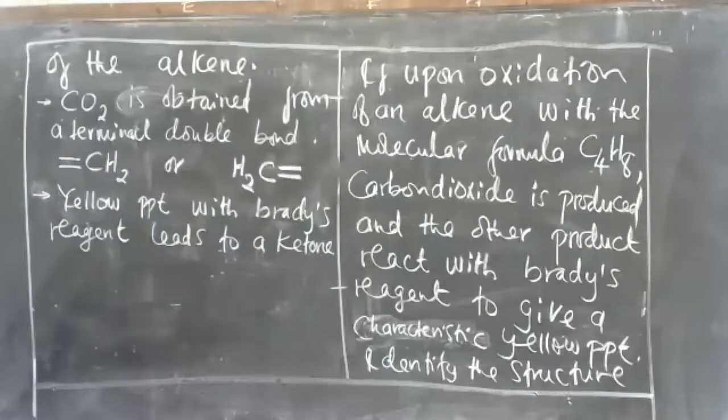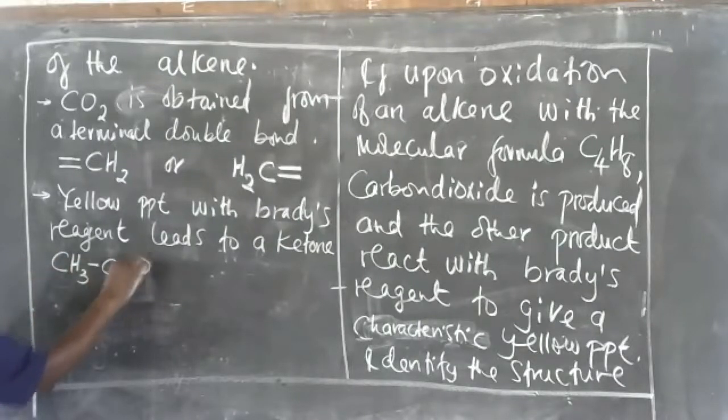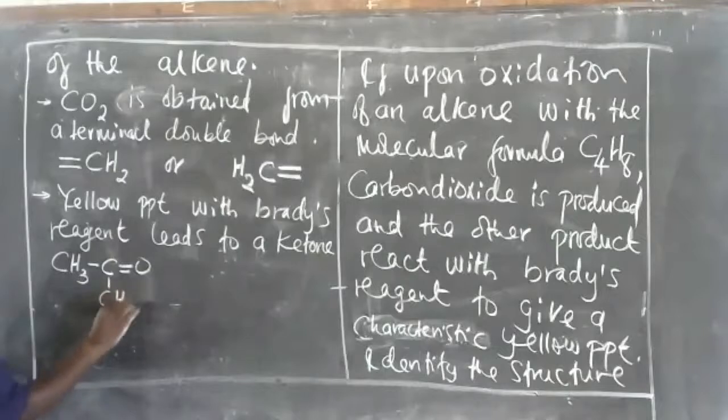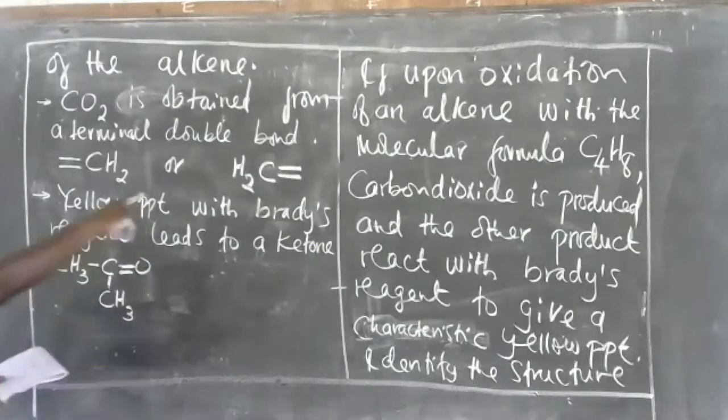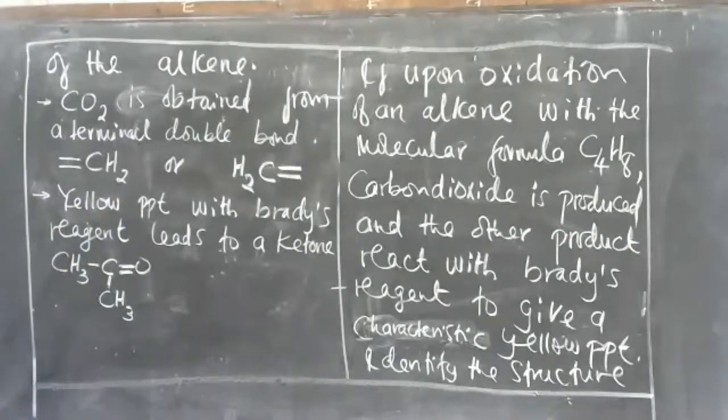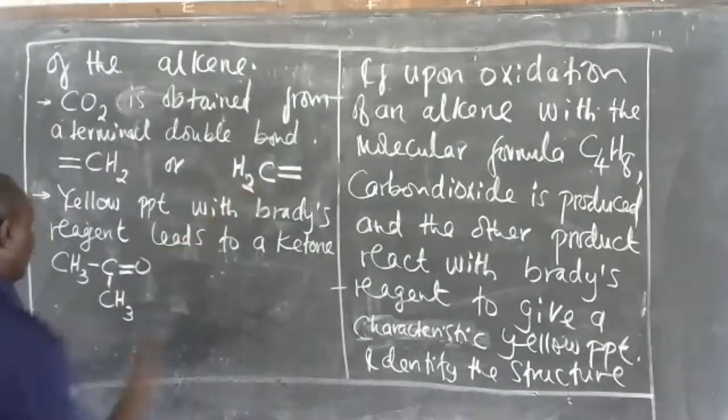So we can have, for example, CH3C or CH3. You can have CH3C double bond or CH3. Now, if we combine this one here and then that one, we can combine this one and then this one here. We can be able to get what?